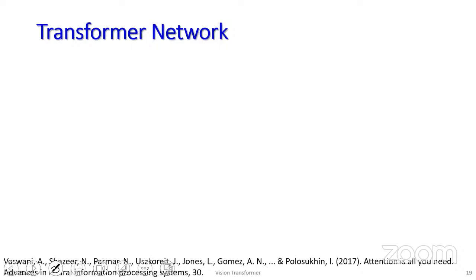So here comes the transformer network. The transformer was introduced by Ashish Vaswani and his colleagues from Google Brain and Google Research in their celebrated paper, Attention is All You Need, that appeared in 2017.